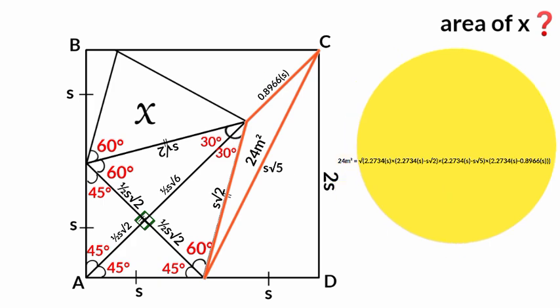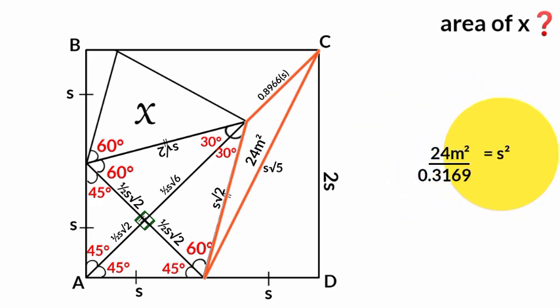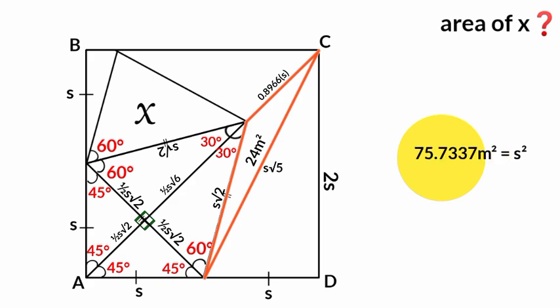If you simplify this, it will be 0.3169s squared. So 24 meters squared equals 0.3169s squared. Dividing both sides by 0.3169, 0.3169 cancels 0.3169, and 24 meters squared over 0.3169 is 75.7337 meters squared. That is, s squared equals 75.7337 meters squared.